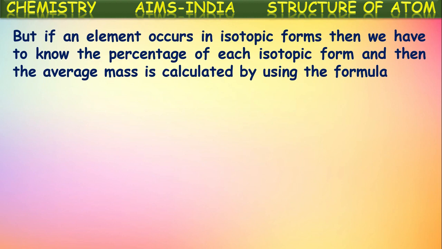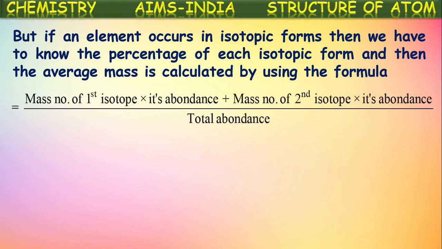But if an element occurs in isotopic forms, then we have to know the percentage of each isotopic form, and then the average mass is calculated. So we said just now, if an element exists with more than one kind of isotope, and if we know the percentage abundance of those isotopes in nature, then we can calculate the average atomic mass by using the formula.